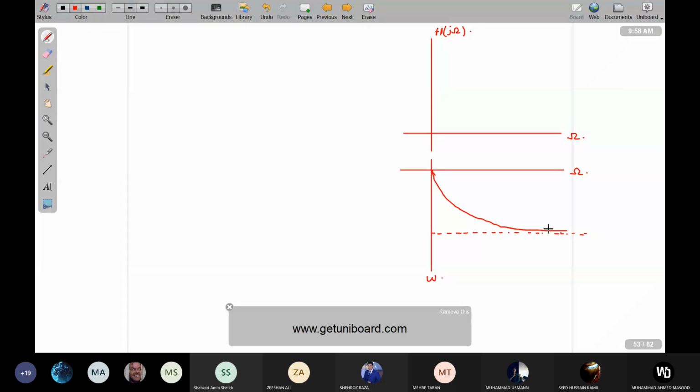So that's my transformation: capital omega is equal to 2/T tangent omega by 2. I will be projecting everything on that.